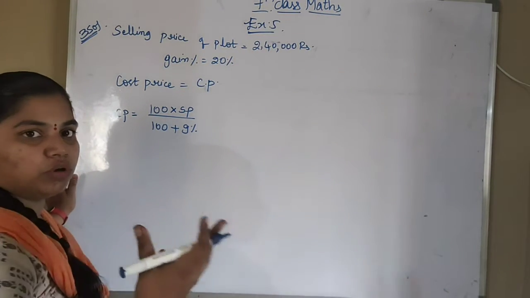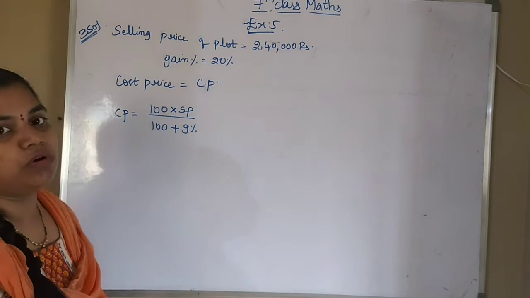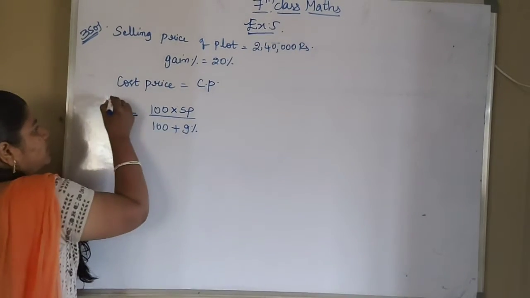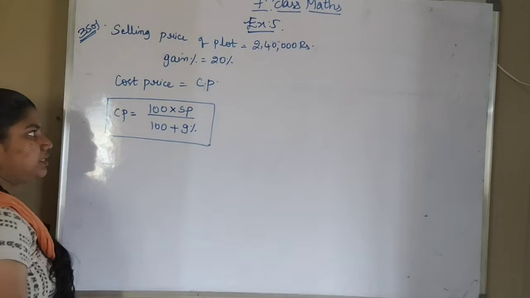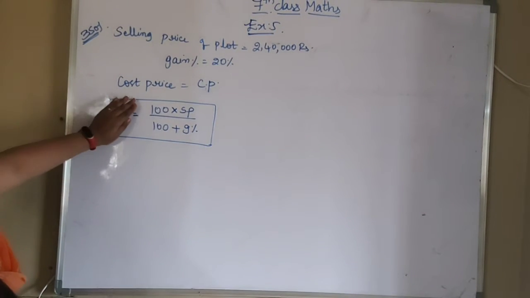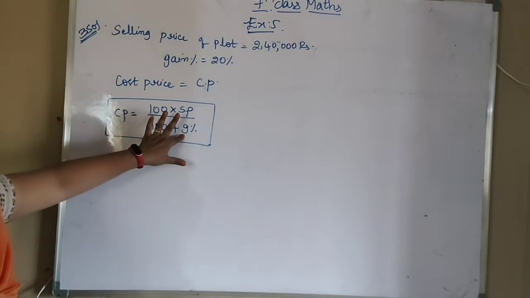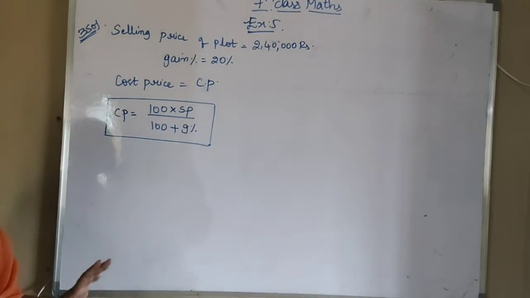Profit or gain, both are same. Here they have given it in terms of gain, so I wrote it in gain terms. We have to find the CP, we know the selling price, and we also know the gain percentage.